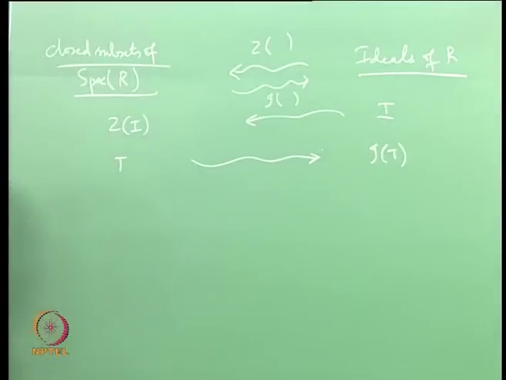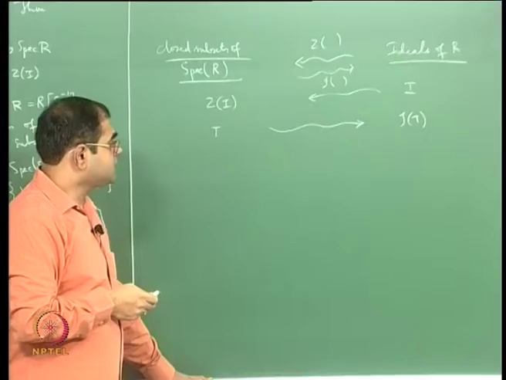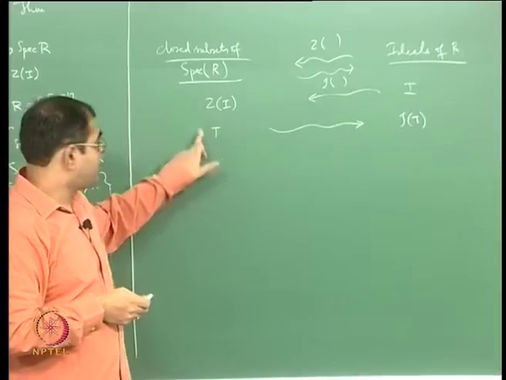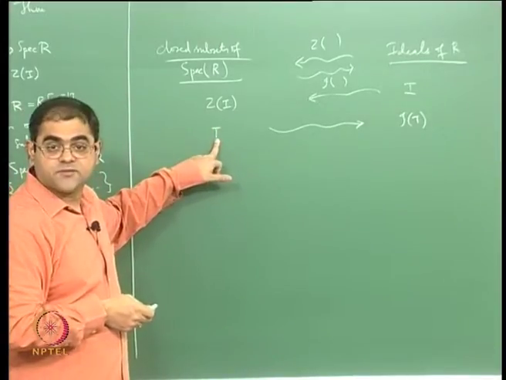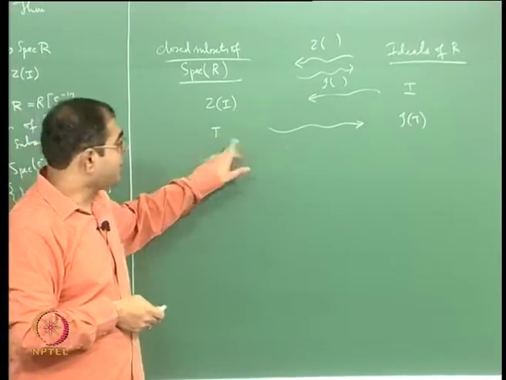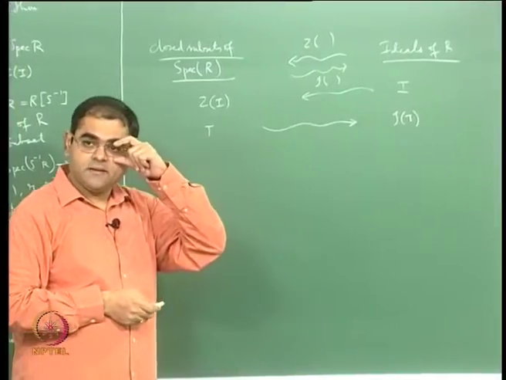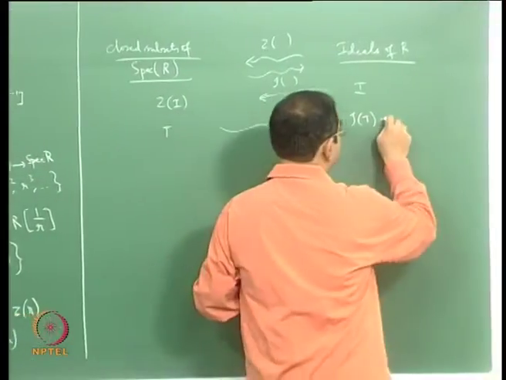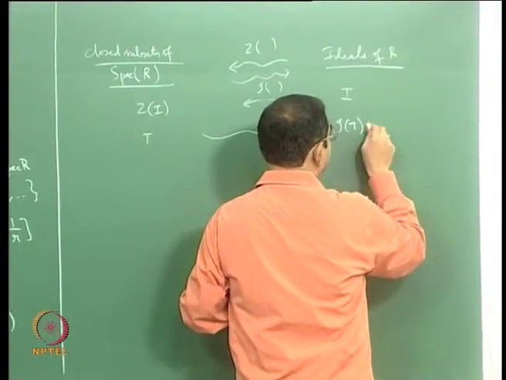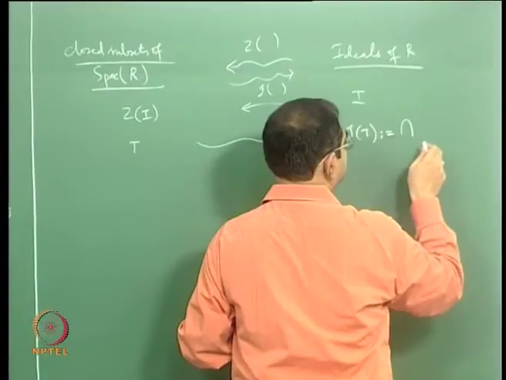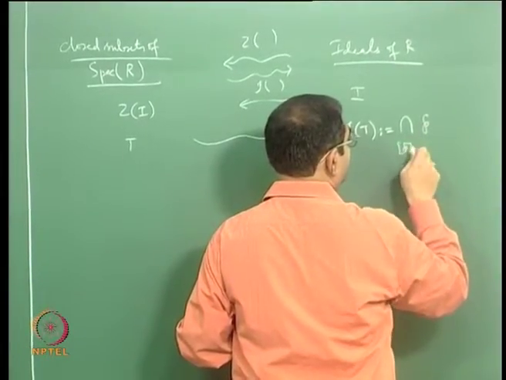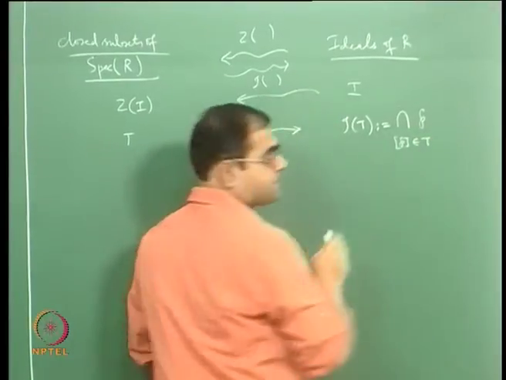And what is I of T? T is a subset of spec R, so it is a certain collection of points which correspond to certain prime ideals, and I of T will simply be the intersection of all those prime ideals. So I of T is defined to be equal to the intersection of all those P such that the point corresponding to P is in T, okay.